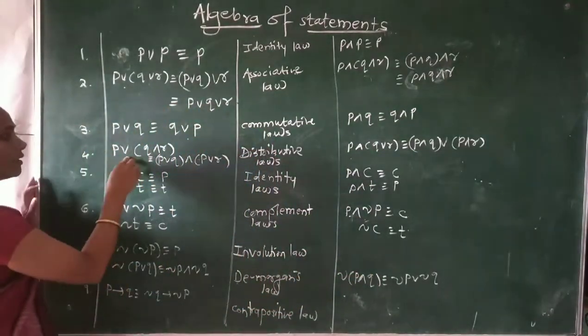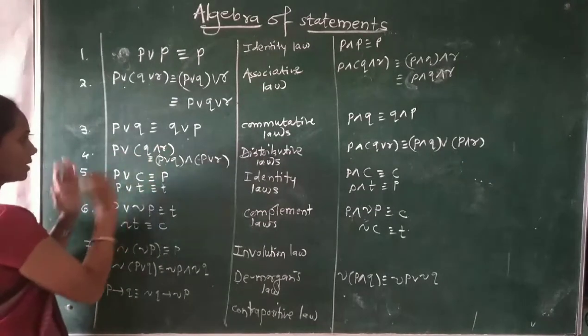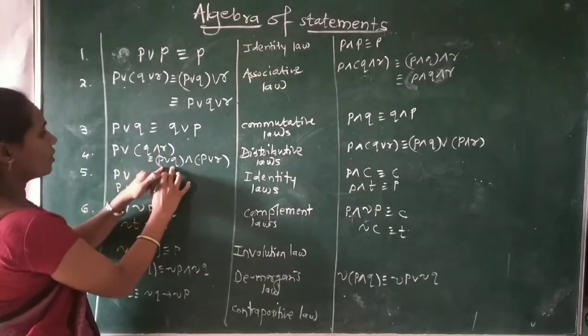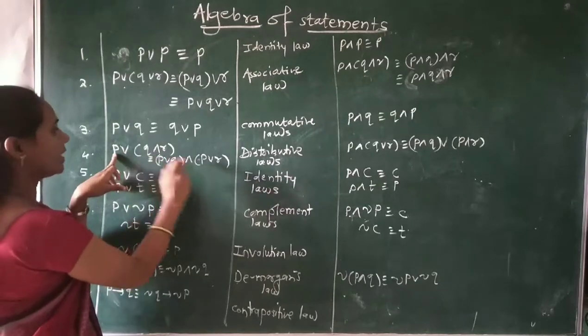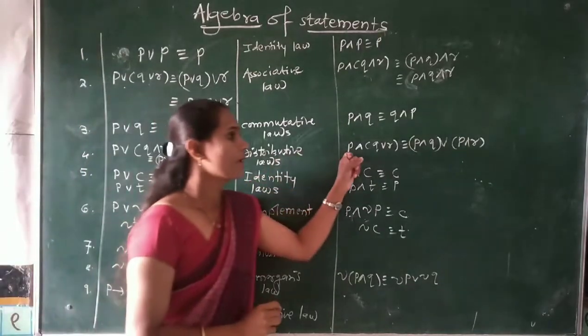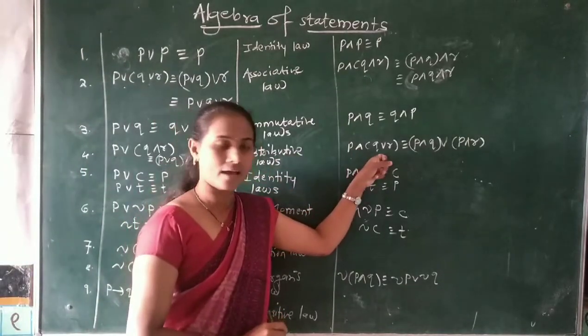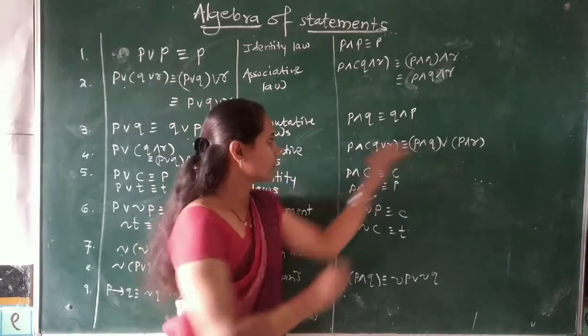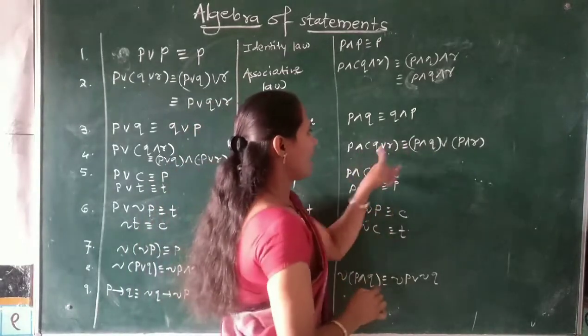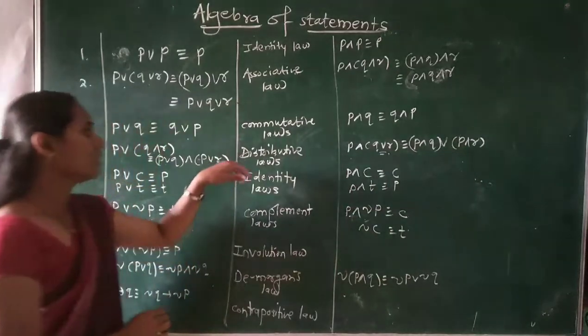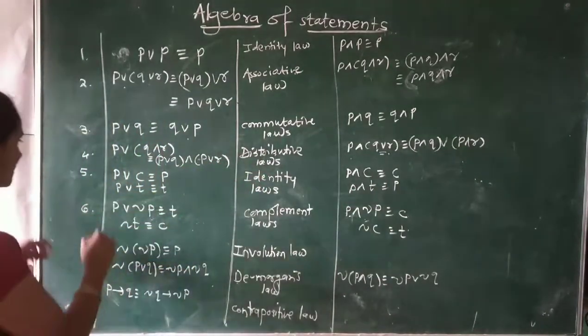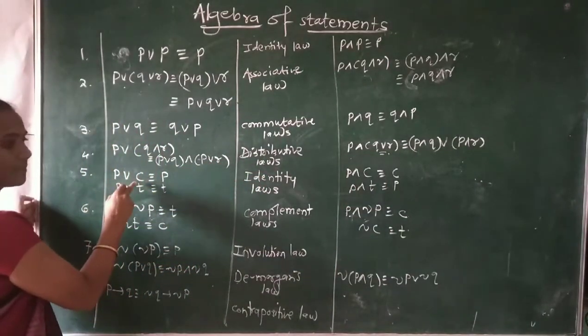Next, P or (Q and R). So these brackets simplify: (P or Q) and (P or R). Also, P and (Q or R) is equivalent to (P and Q) or (P and R), which is called as distributive laws. Next, P or C. C means contradiction.